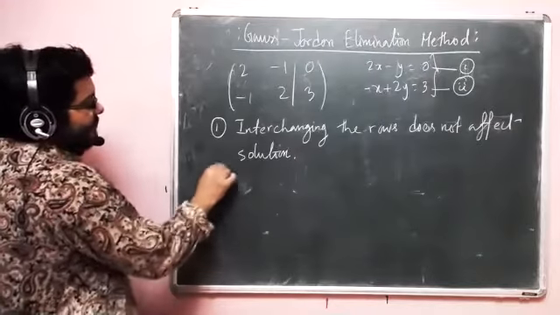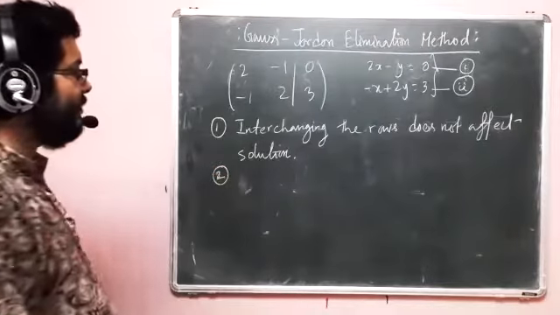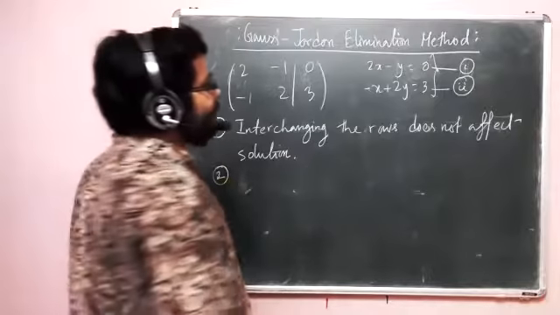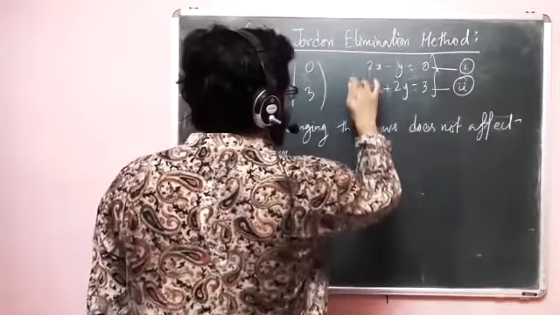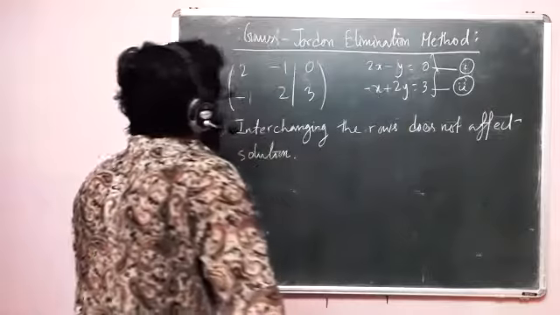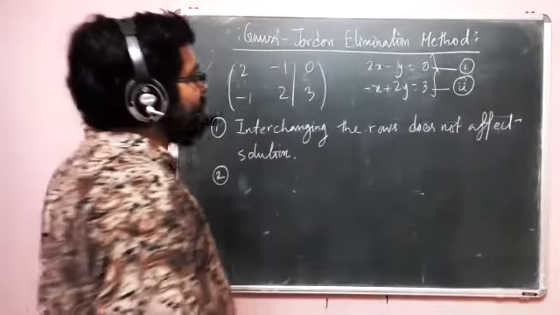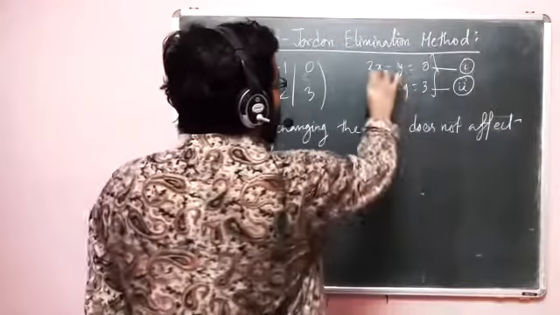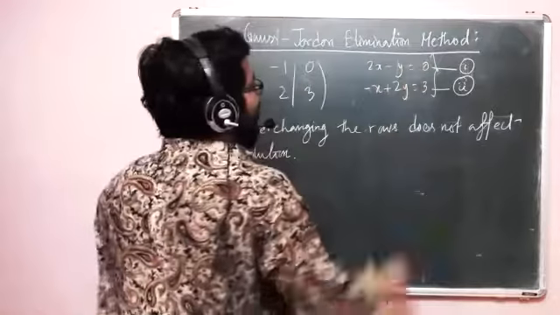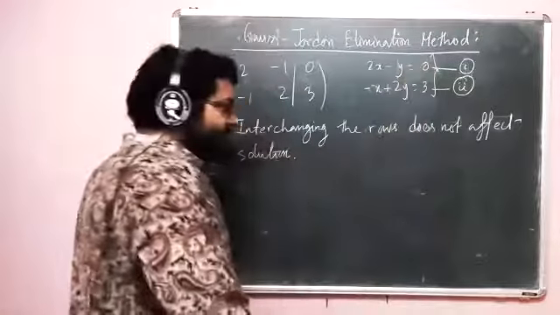Then number 2, if I multiply any of these equations by a constant on both sides, then I will not change the equation, right?